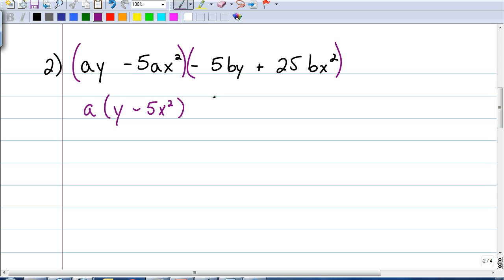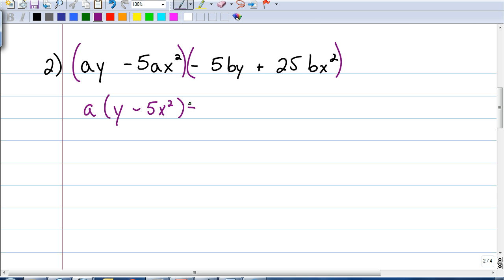Now I'm going to go to the next 2 terms. Now remember when we were using the Xbox method, just to give us a visual, remember if this first number was negative, the number that we factor out would be a negative as well. The same thing is true for our parentheses here. If the first thing that we look at is a negative, we want to factor out a negative.